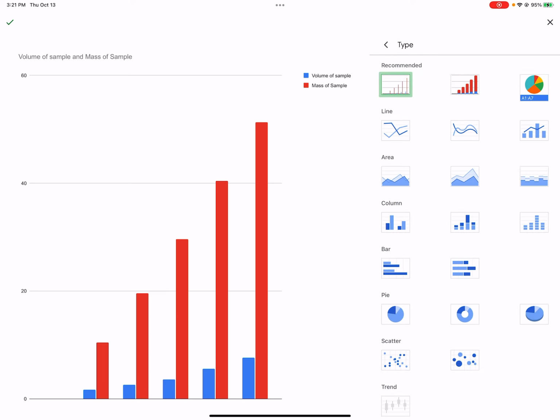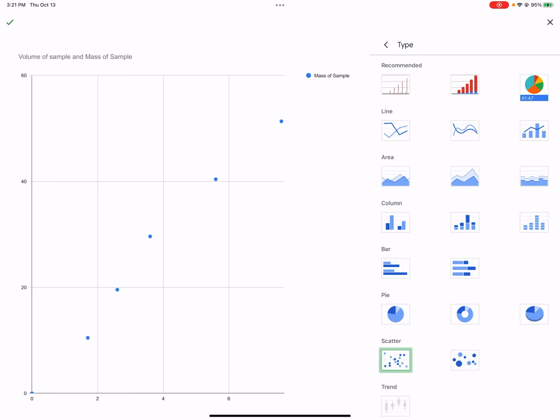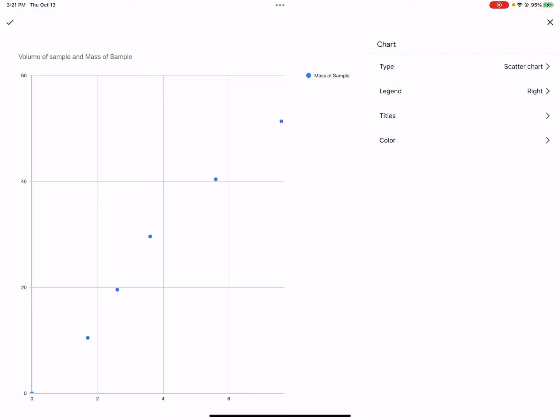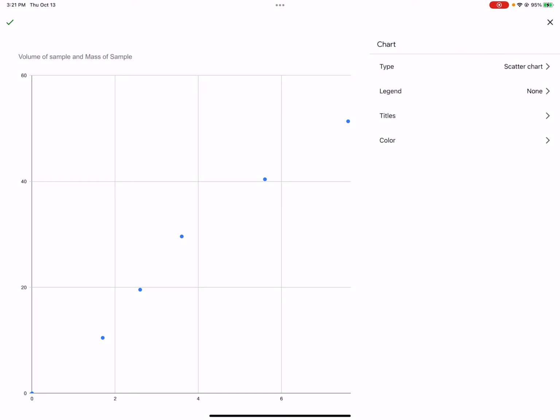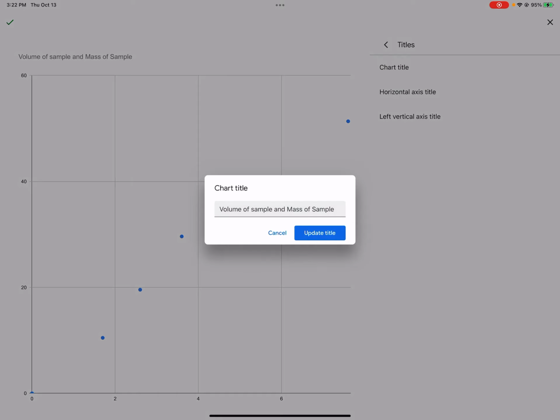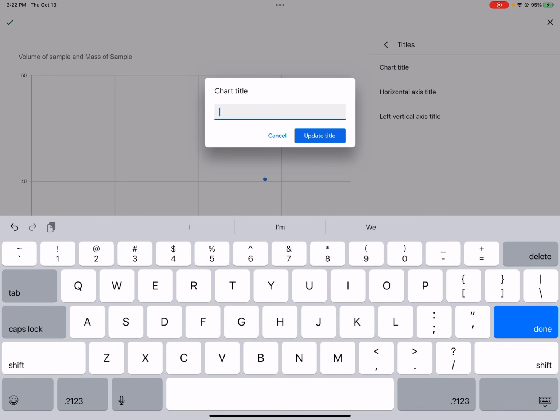So once you click that, you go down here to scatter, and it looks a lot more like how we want it. In terms of the legend, we can get rid of the legend. We don't need that. We don't have two sets of data on it. And now on the titles, you can change the titles. So right on the yellow handout, I tell you what I want the title to be.